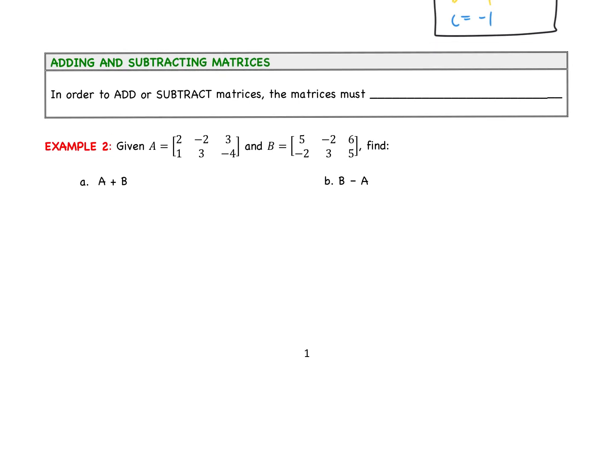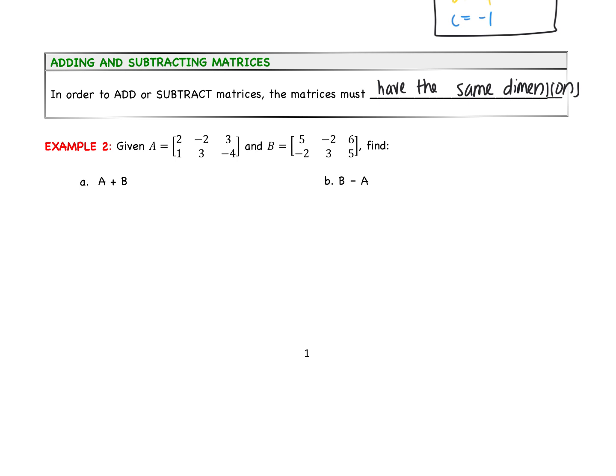Okay, so moving on next to adding and subtracting matrices. In order to add or subtract matrices, the matrices must have the same dimensions. Okay, so in example 2, in part A, we are adding matrices A and B, and in part B, we are subtracting the matrices.